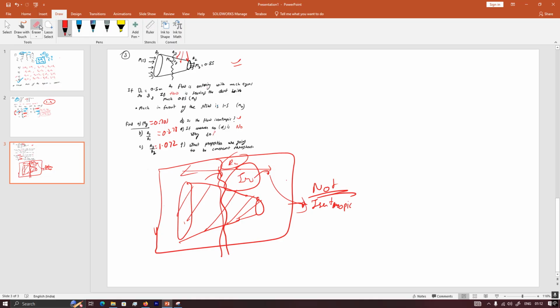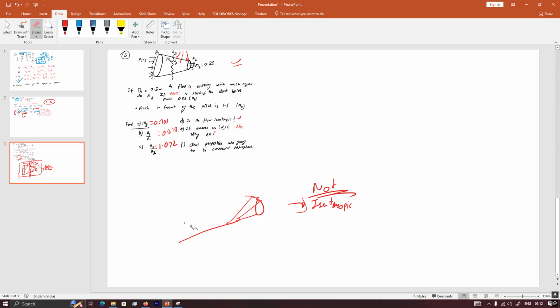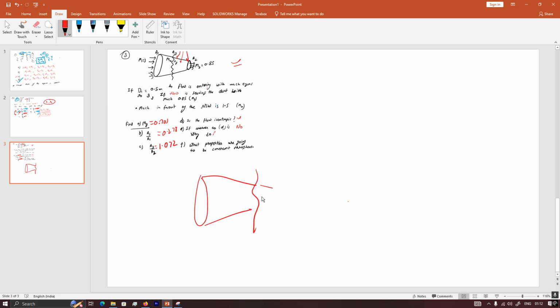But let's suppose this. Here you have normal shock wave. If you are talking about this region, it is isentropic, because normal shock is not coming in the picture for this particular portion, and similarly for this particular portion.